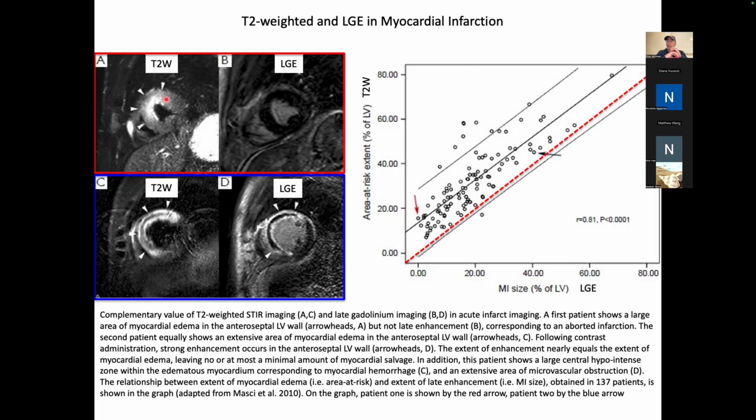Just in the same way, if you challenge tissue by putting heat on it to burn it, the tissue will swell and puff up. This is direct imaging of that swelling. And so when the tissue swells up, it becomes more watery, the T2 gets longer, and you see this bright signal.